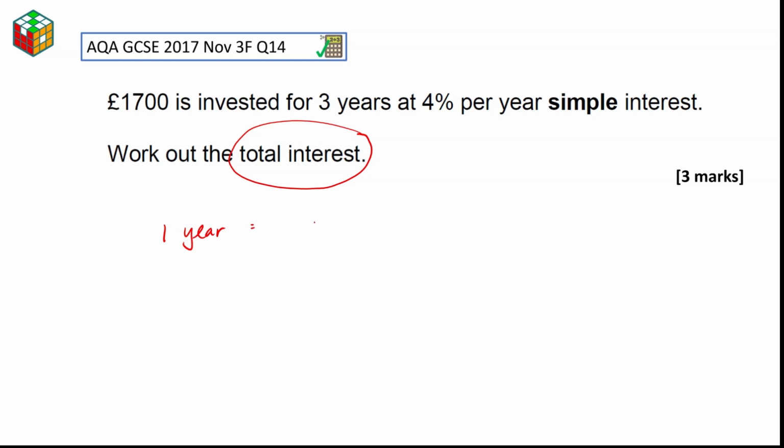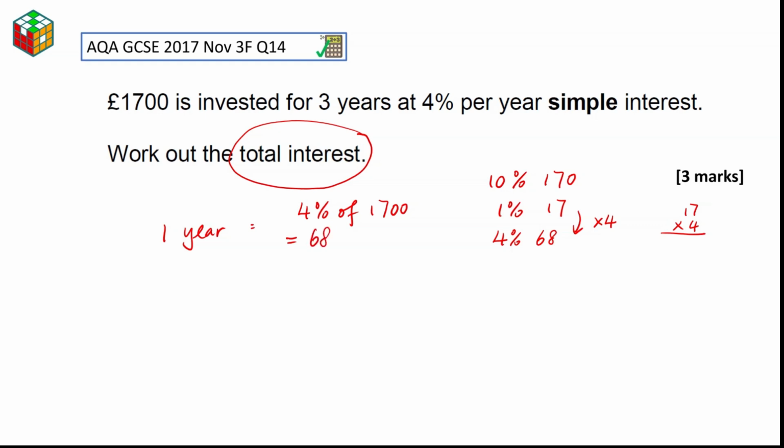In order to find 4% of 1,700, I'm going to find 10%, which is 170, then find 1%, which is 17. To find 4%, 17 times 4. Oh, it's a calculator paper, even better. So 17 times 4 is 68. So 4% of 1,700 is 68.